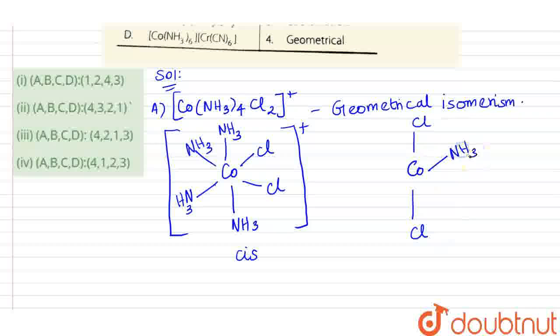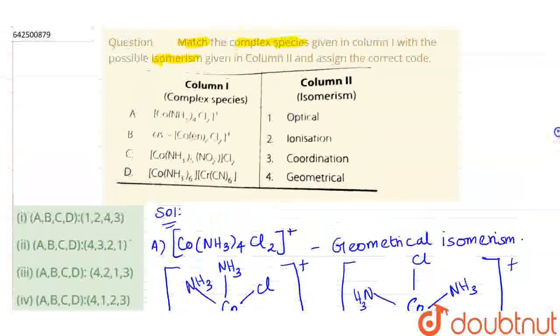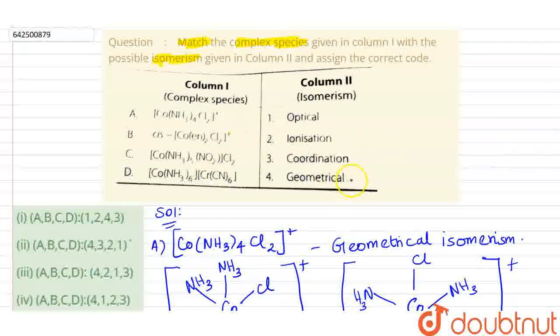Here there are 4 ammonia so it looks adjacent, but they are actually placed on opposite sides. We can confirm it by the positions of the chlorine ligands on opposite sides, which confirms it is the trans form. So cobalt tetraammine dichloride is a geometrical isomerism.